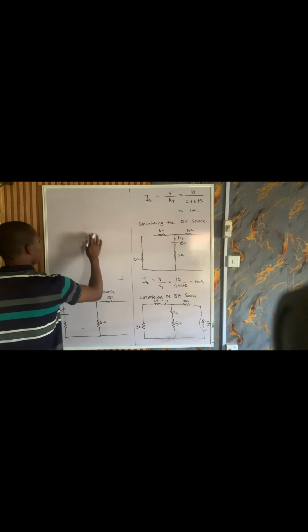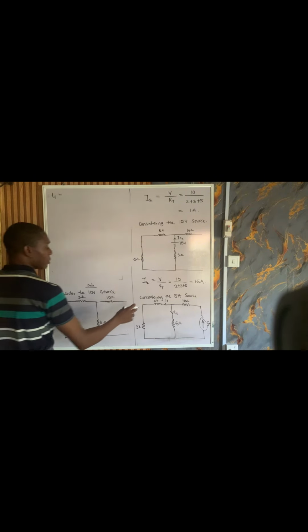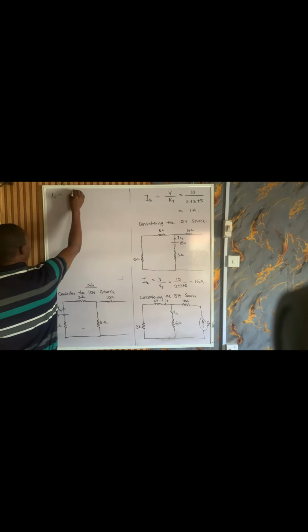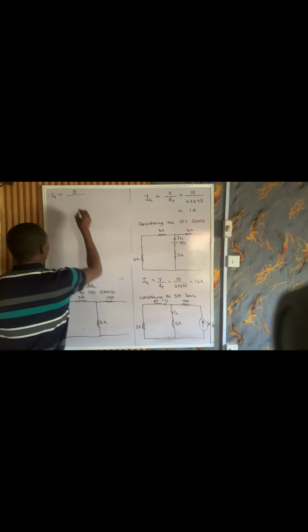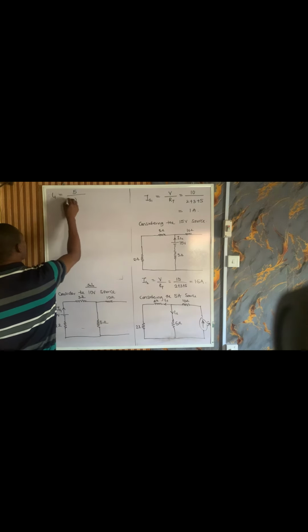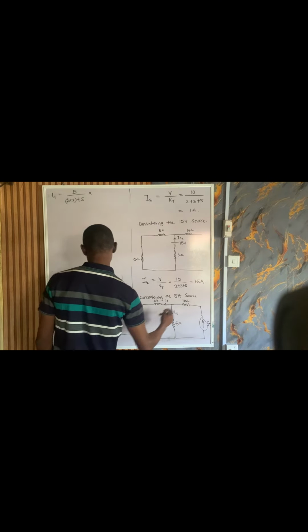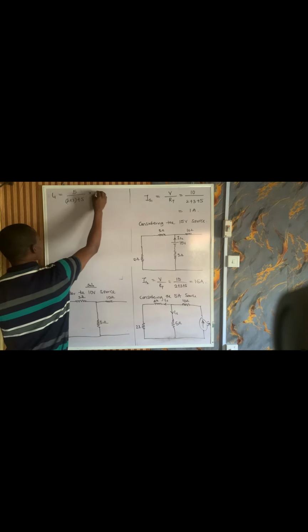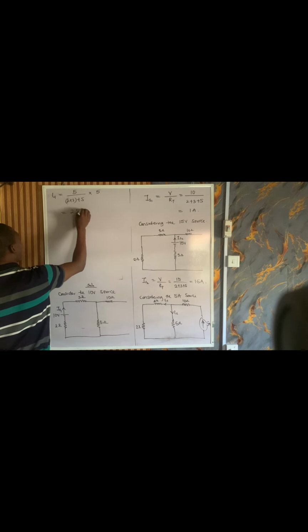And so I1, using the current divider rule, is going to be 5 all over 2 plus 3 plus 5, times the current they wish to share, times 5. So this will be 2.5 ampere.